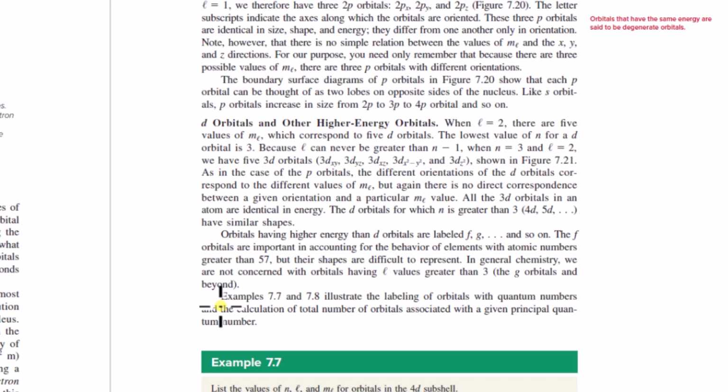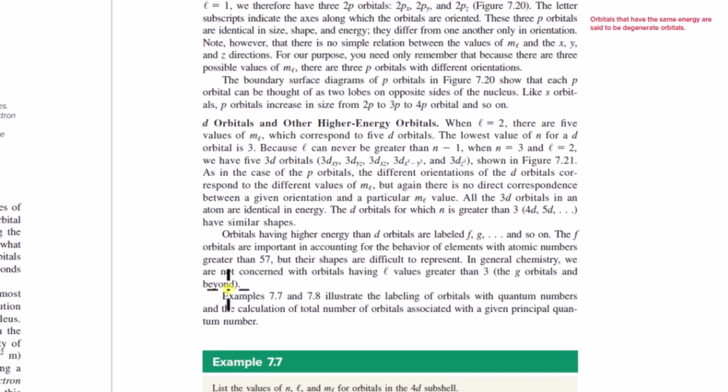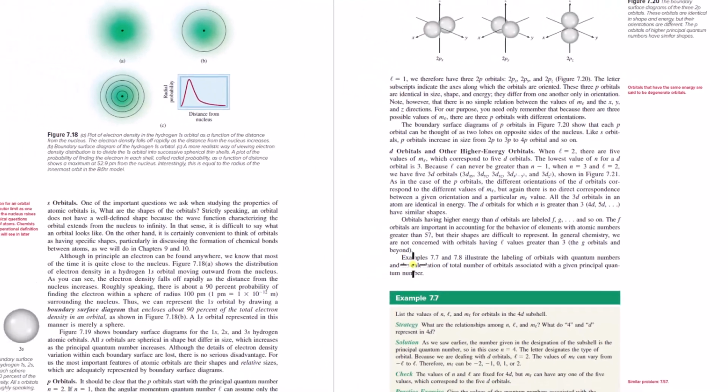We're getting to areas where we haven't even discovered elements with that many electrons, that large of atomic numbers, because the number of protons corresponds to the number of electrons. So in general chemistry, we're not going past the f orbital. But there are g orbitals you can think about, and potentially beyond.